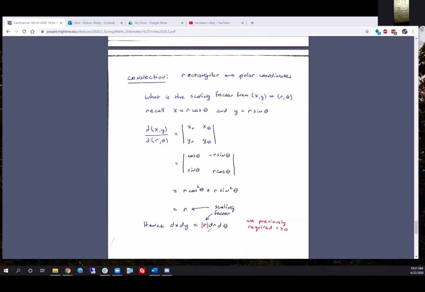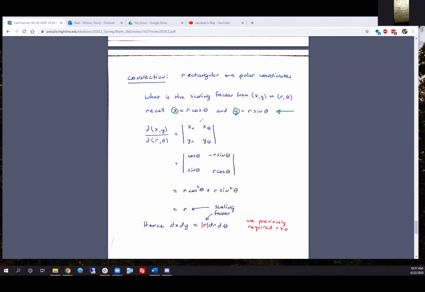Enrique's question was, do we always have to do it in the order where we find the Jacobian of uv with respect to xy, and then we take the reciprocal of it? No, and here's a good example. Notice that here, the original definitions of the variables were already solved for x and y.